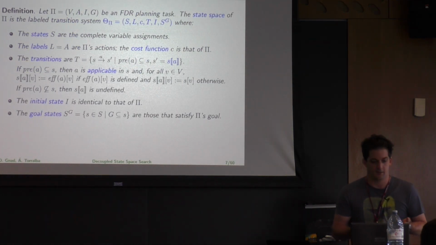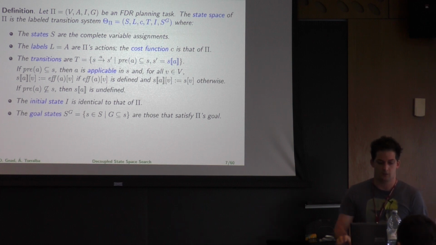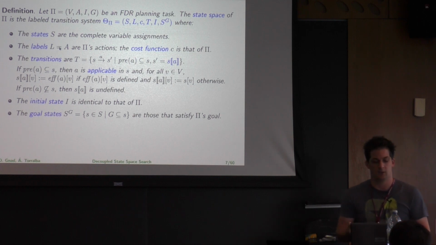The semantics of the planning task, I will go a bit more into detail about this time because I used the notation quite a bit. So we have the set of all states, which is all different complete assignments to the variables. The labels, like to get from one state to the other, the label would be an action, and the transition is induced by such an action.